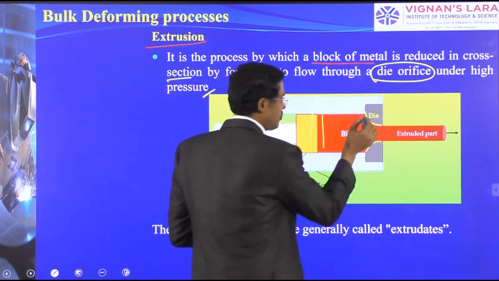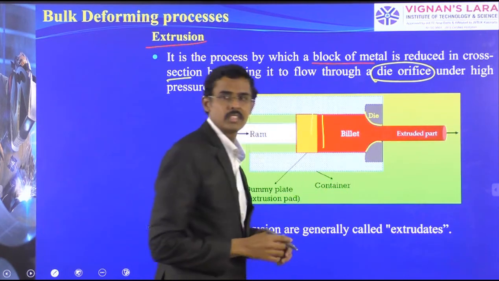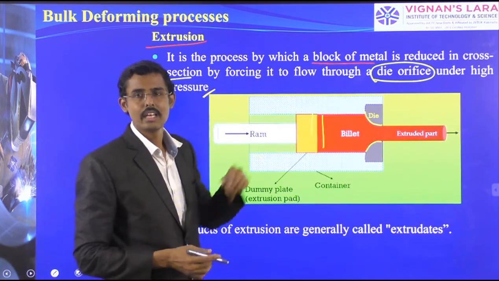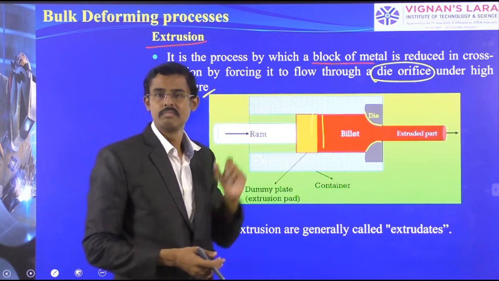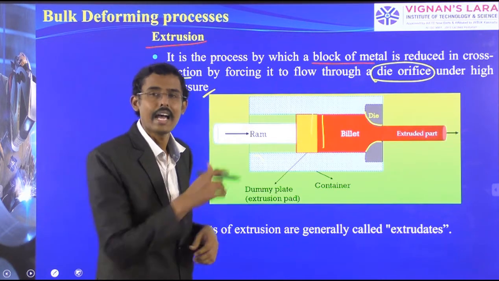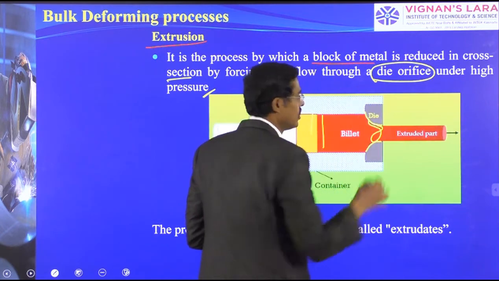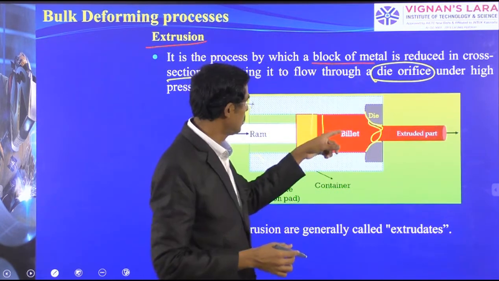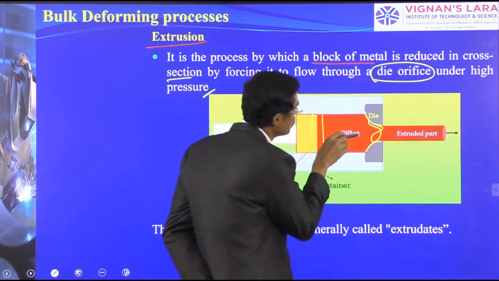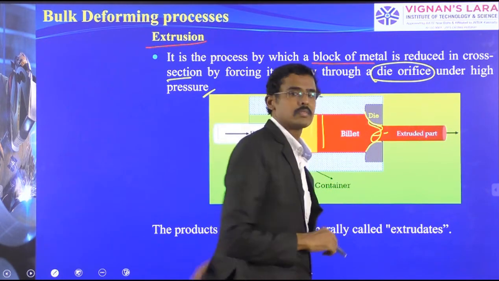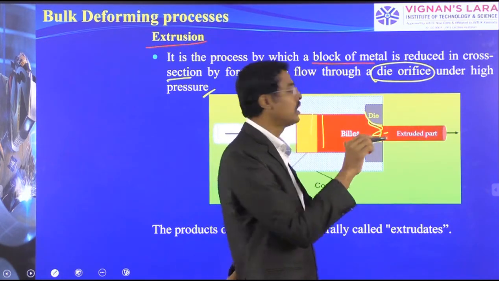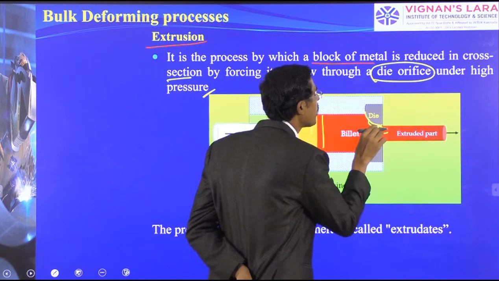And then here we have a die. For this example, the die is very simple. In case I have a die like this, you see, what happens? The extruded material goes through this path, and the extruding material goes through this path.